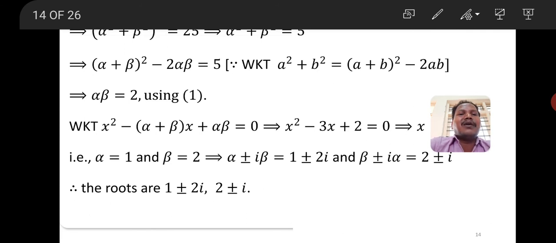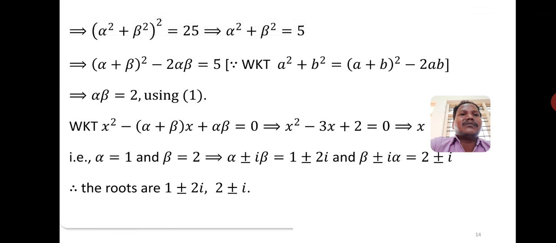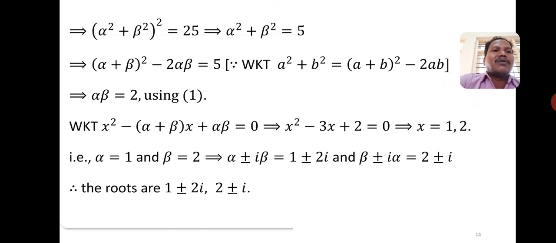And also we know that x square minus (alpha plus beta) into x plus alpha beta is equal to 0, which implies x square minus 3x plus 2 equals 0, because alpha into beta is 2, alpha plus beta is 3, which implies x equals 1 comma 2.